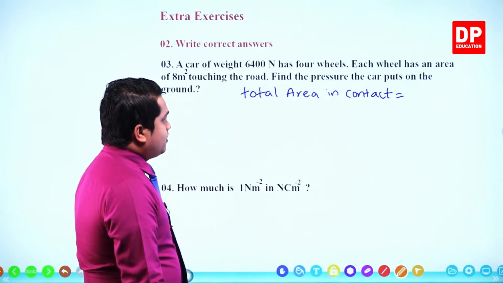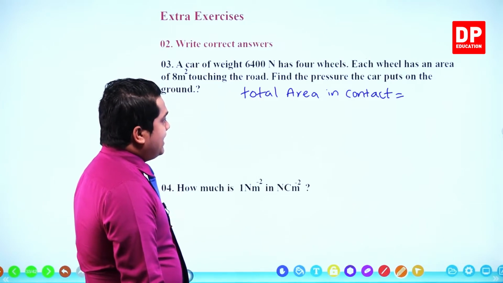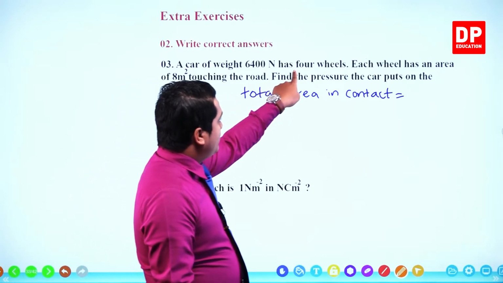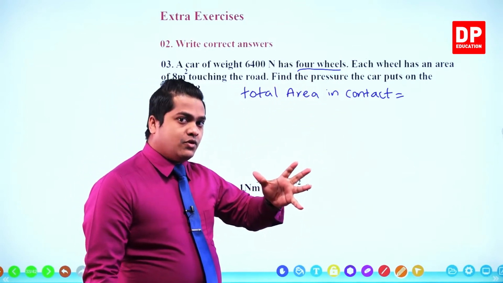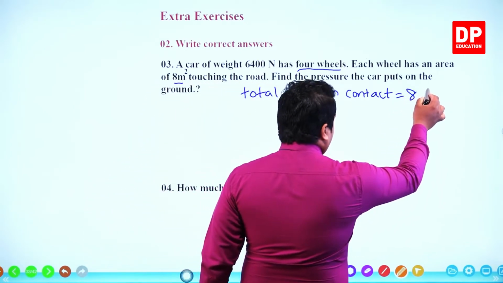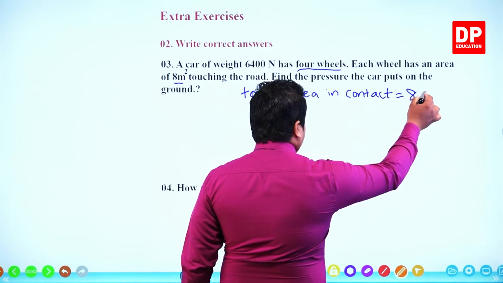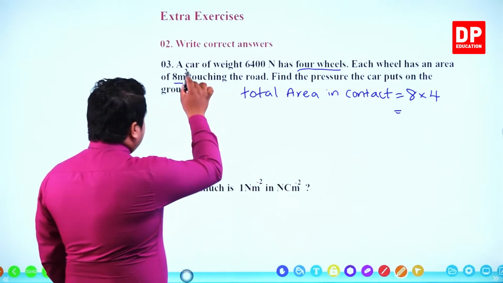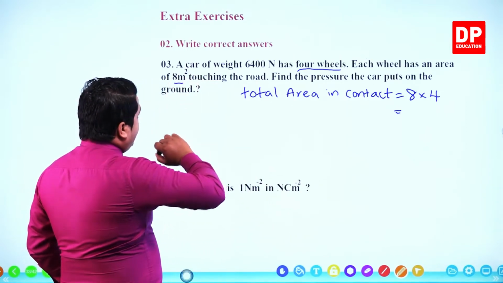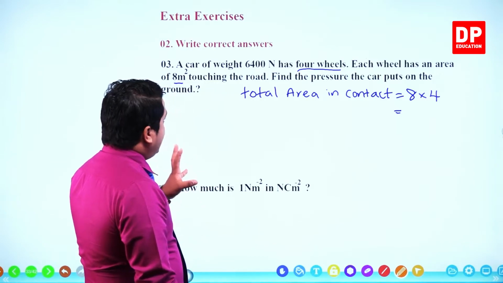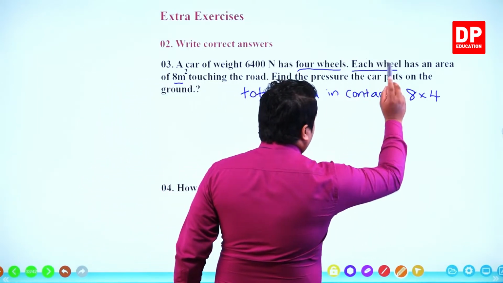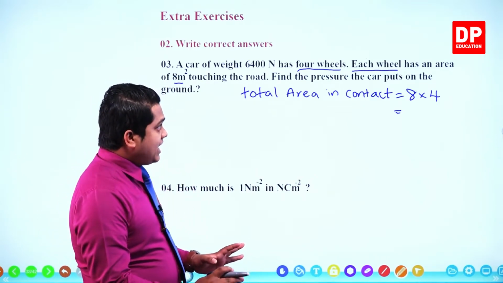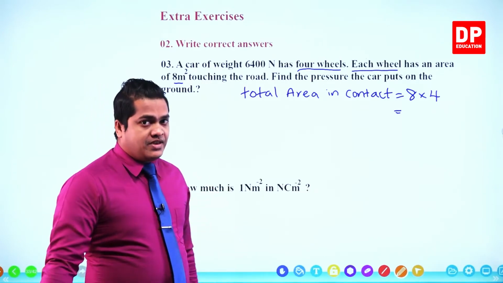The total area in contact is equal to 8 times 4, my dear children, because 8 is the area that each wheel touches and there are 4 wheels.